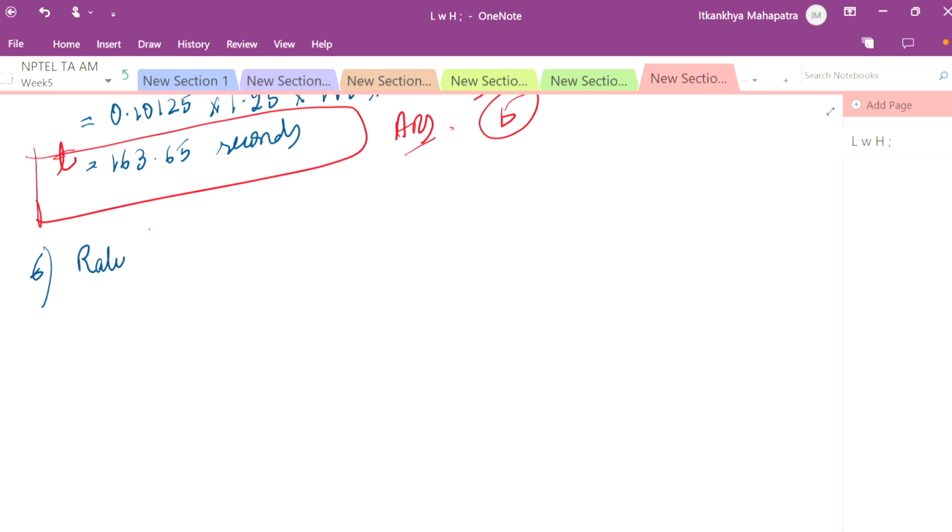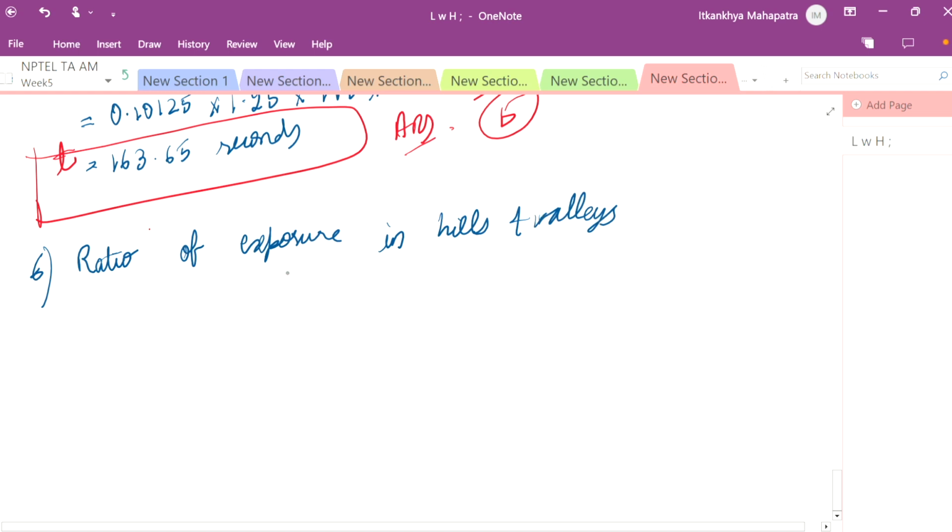Six is the ratio of exposure in hills and valleys, EH by EV. We have different formulas of exposure for peaks of hills and valleys.